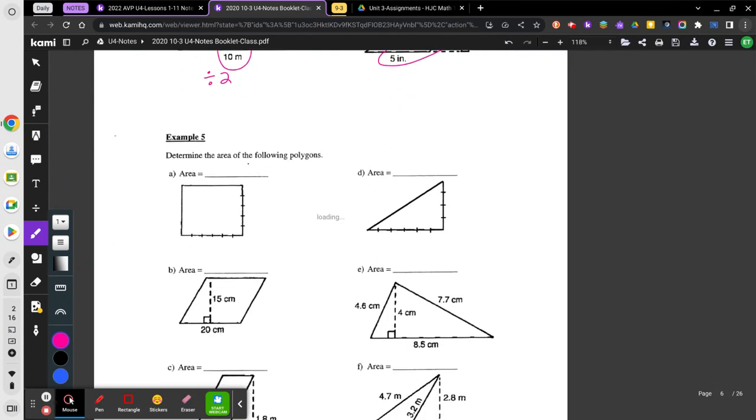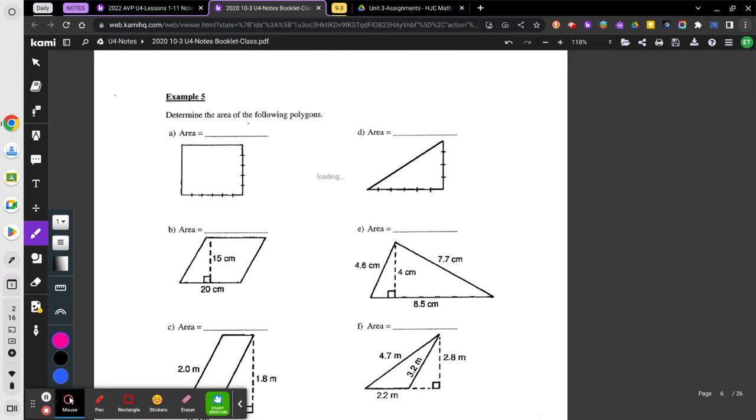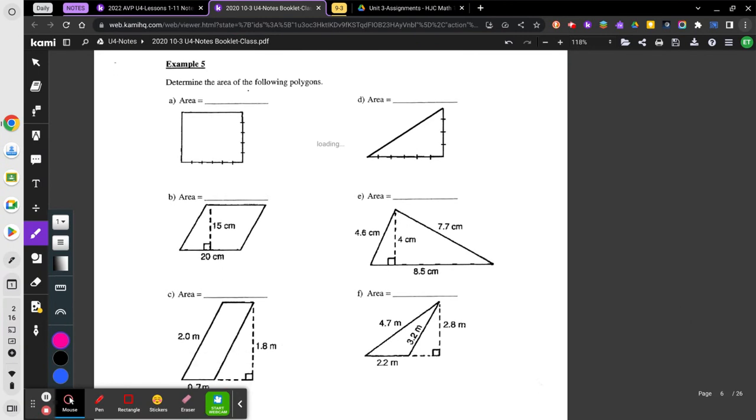All right. Example 5 is going to have a whole bunch of it. We have to do the equation that matches the object. So when I take a look at this object, I count 6 here, 5 here. It's a rectangle. So area is 6 times 5. I get 30. So my area is 30 units squared.